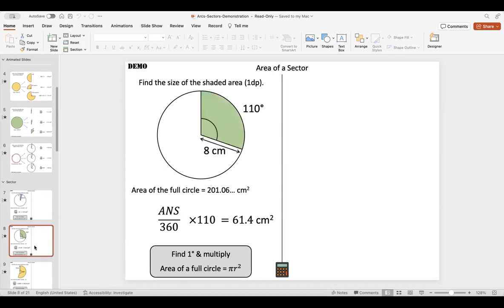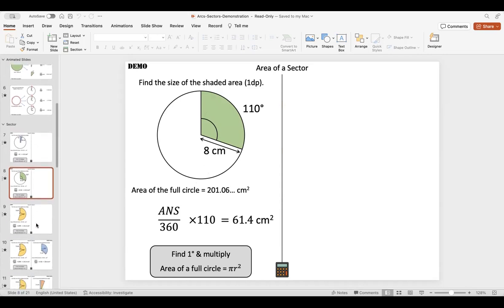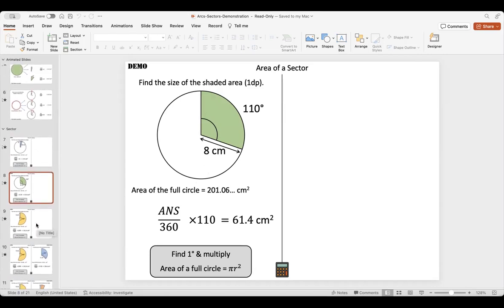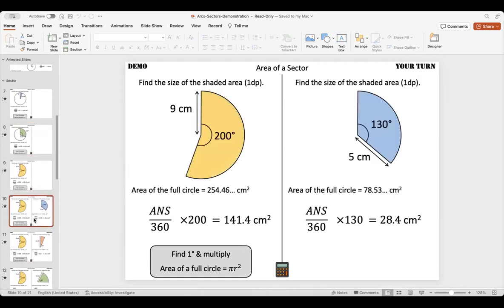So let's look at a very good example. The angle there is 130.